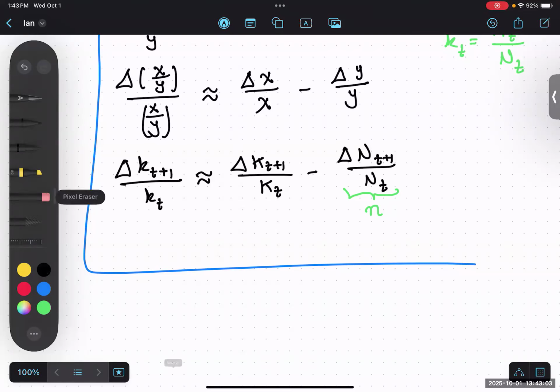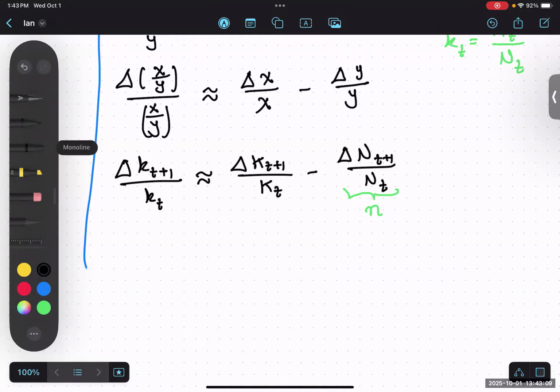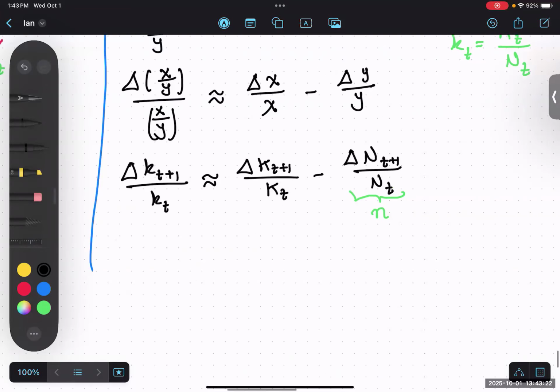In fact, let me, as I said before, write all the steps because I don't want you to get any kind of confusion. So the first thing that I will do is to multiply by kt on both sides of the equality. So easy step, it will be just kt on the left-hand side, delta kt plus 1 over kt.